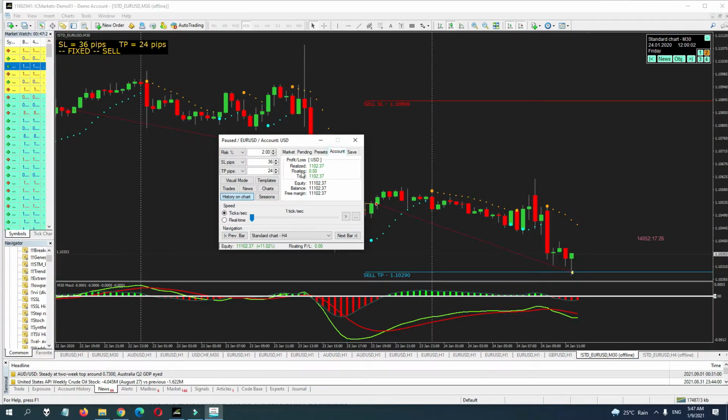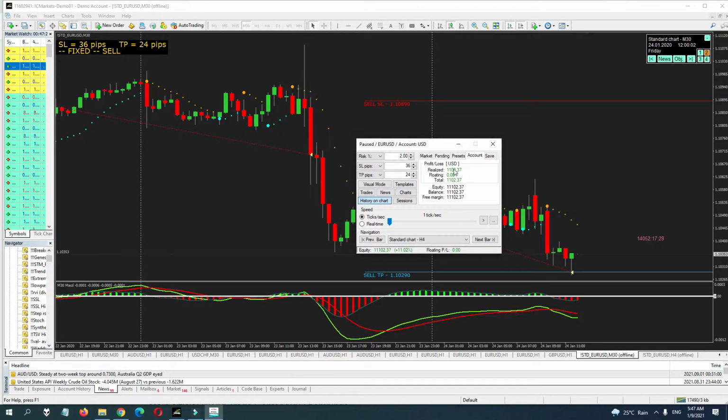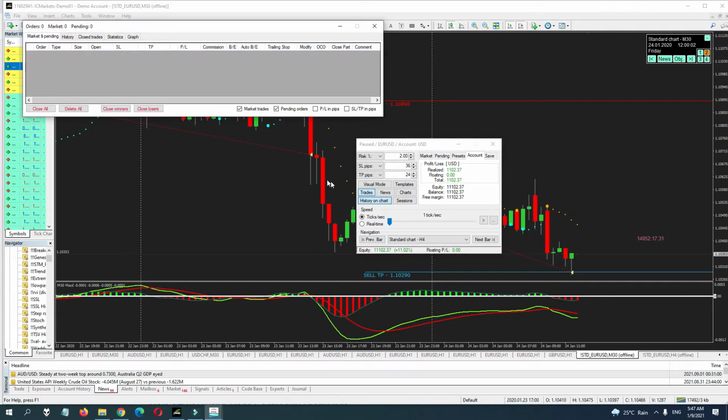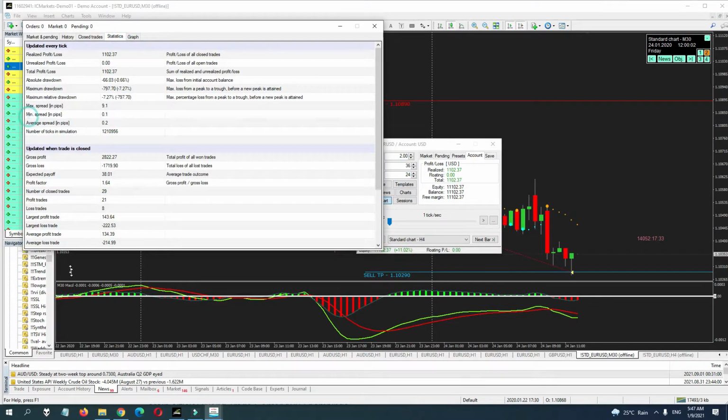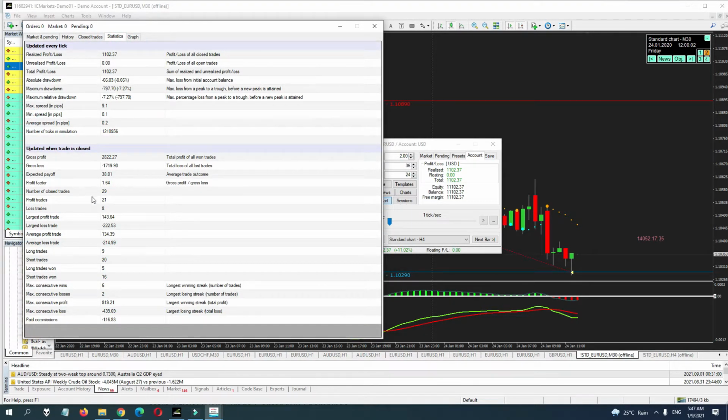Right, so we are 10% up on the account. In how many trades is this? 29 trades. I'm going to test this 100 times and see if this is a valid strategy.